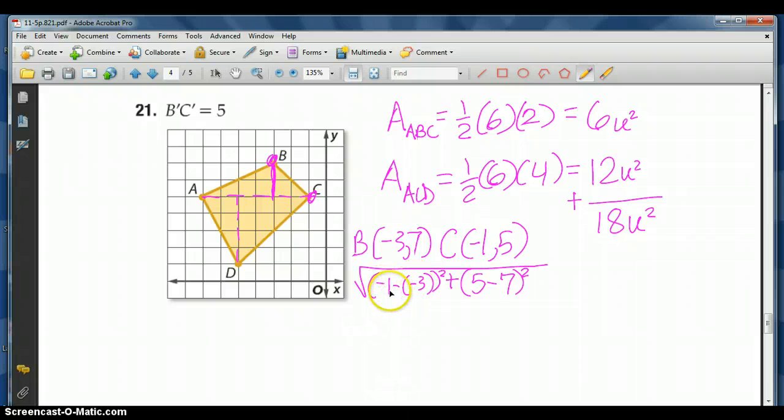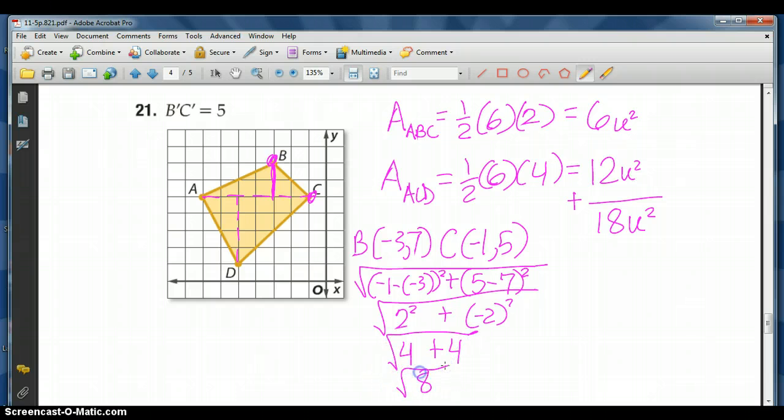So -1 minus -3 or plus 3 would be 2 squared, and 5 minus 7 is -2 squared. So in both cases I would get 4, and 4 plus 4 is 8. So my distance is the square root of 8, which is approximately 2.83.